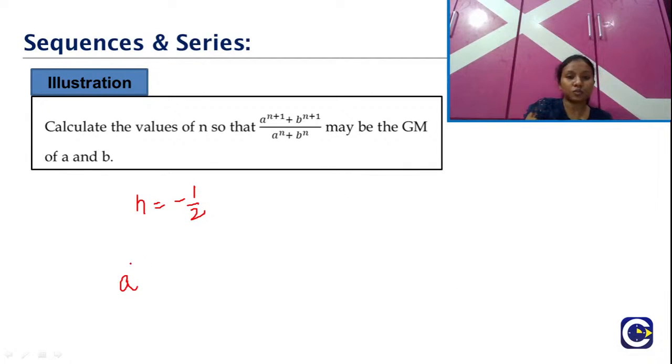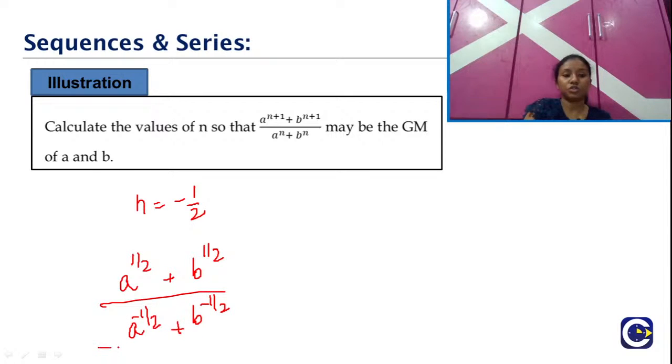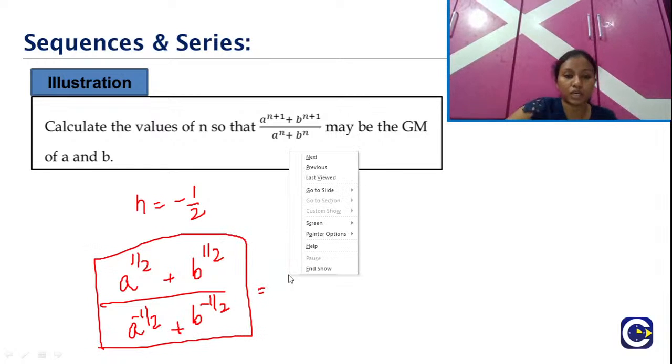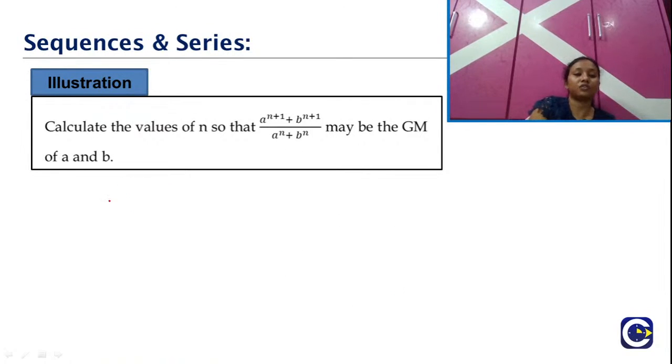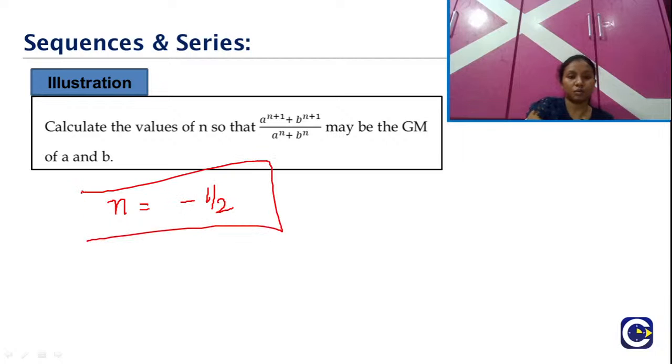So minus 1/2 plus 1 will be 1/2, so a^(1/2) plus b^(1/2) in the numerator, and here a^(-1/2) plus b^(-1/2) in the denominator. So it will end up giving, at last, root over ab. So the final value here is n equal to minus 1/2.